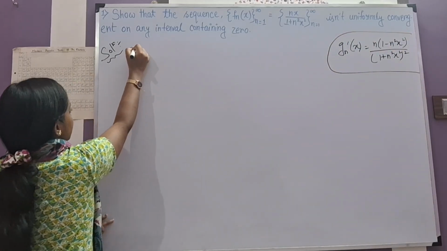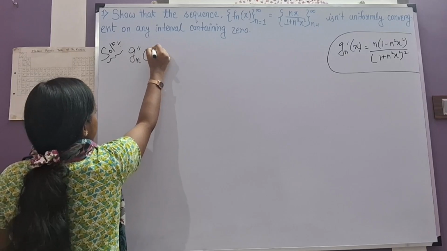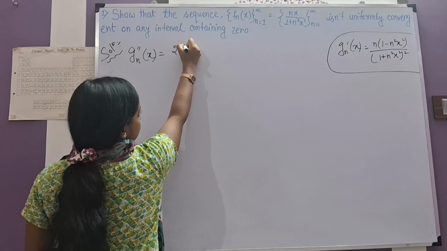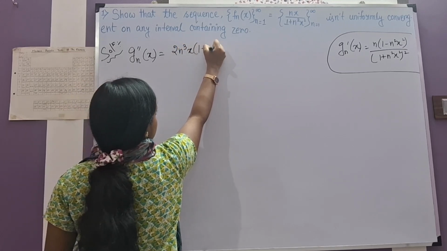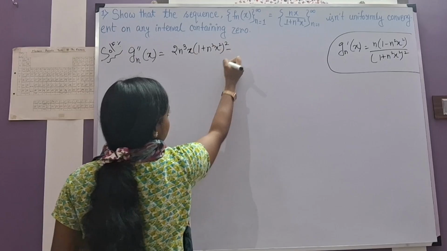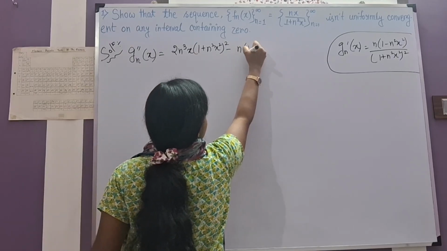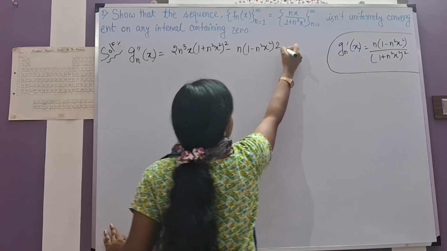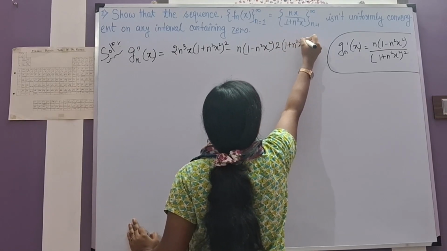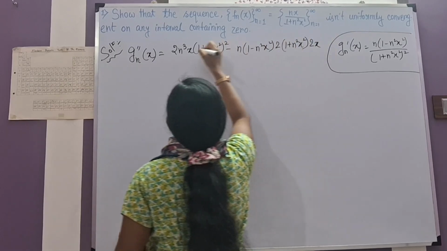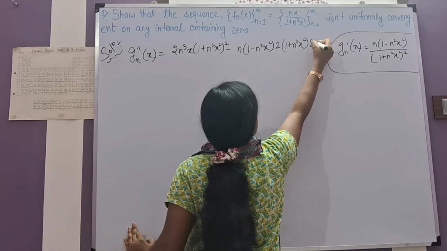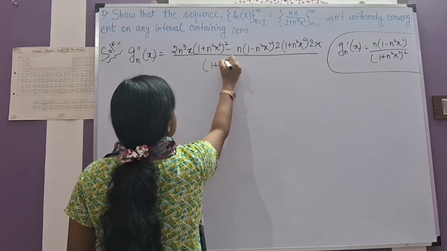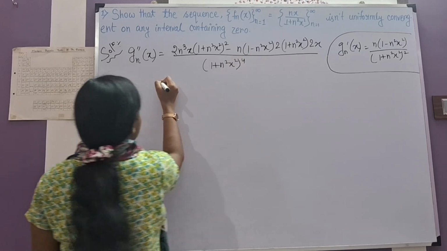Now we are going to find g double dash n(x). This is equal to 2n cube x into (1 plus n squared x squared) whole square minus n into (1 minus n squared x squared) into 2 into (1 plus n squared x squared) into 2x, by (1 plus n squared x squared) whole to the power 4.